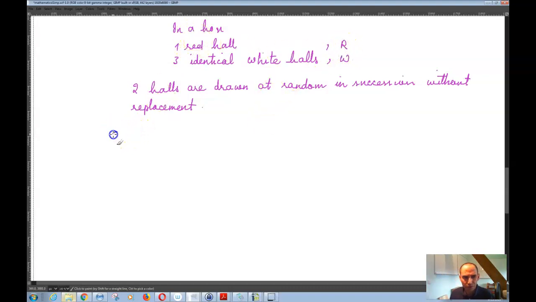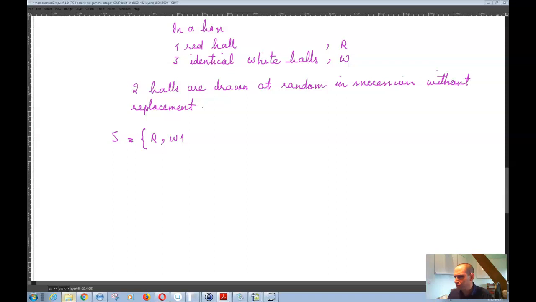What that means is that, for example, if you go based on succession without replacement, if I take the red ball, then I will be left with either W1 or W2 or W3. I could pick any of those 3, but let me see how they have solved this problem.